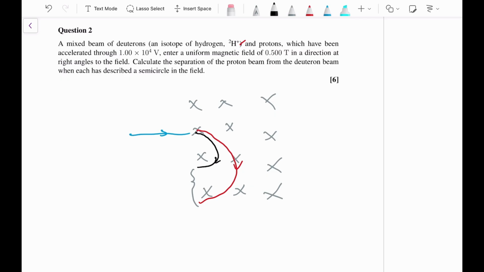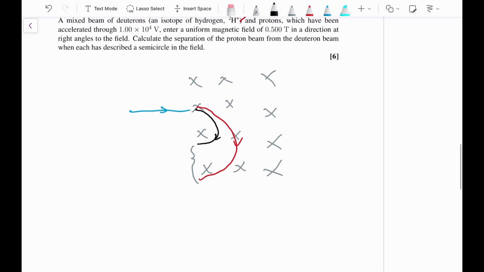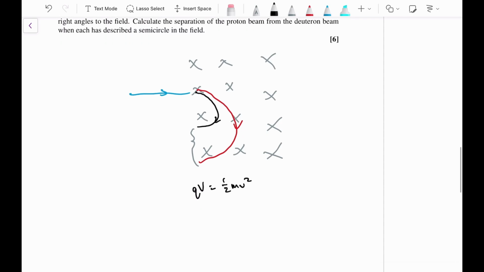Well, it gave us the voltage, and with the voltage we can calculate the speed. So there are 2 equations we have to utilize. First one is qV is equal to half mv squared, and the second equation, with the velocity, you can utilize mv squared over r is equal to BqV, the magnetic force, and then we will be able to calculate r and then calculate the difference.